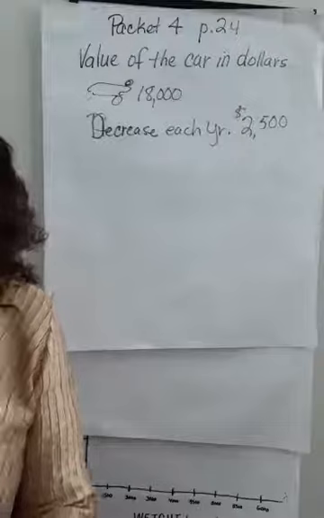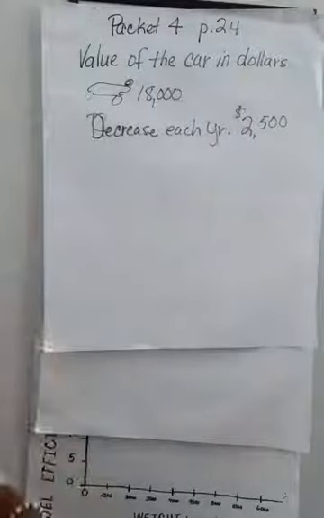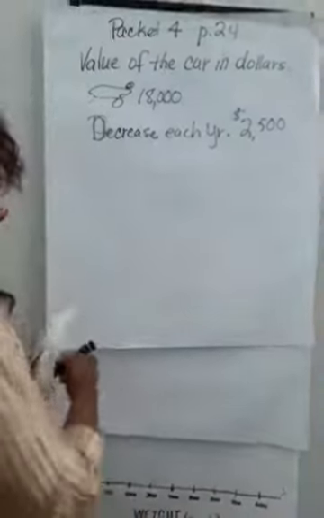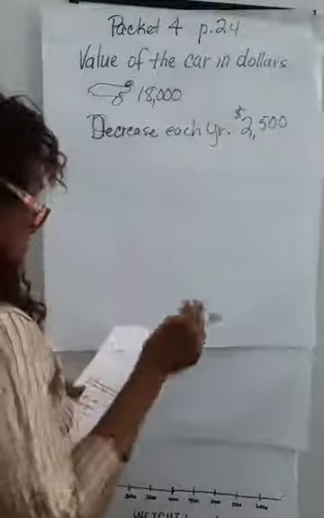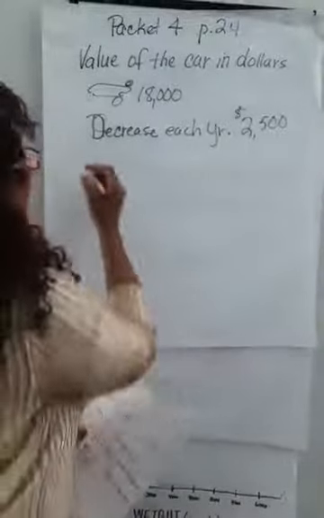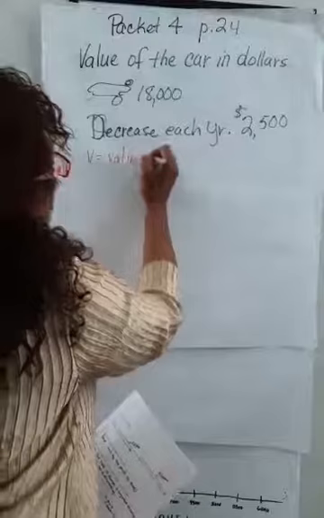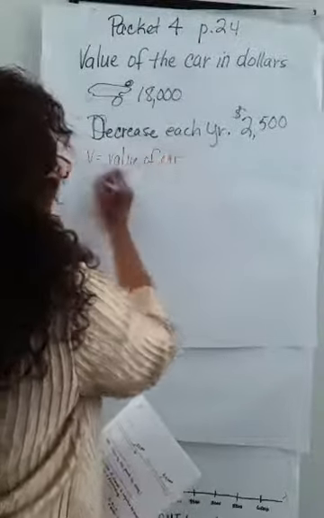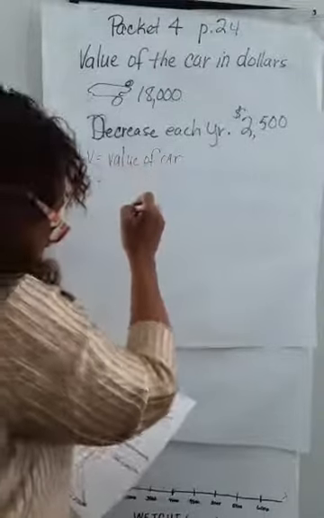Let the value of the car in dollars be V and the number of years she has owned the car be T. So V stands for the value of the car. T stands for number of years she owned the car.